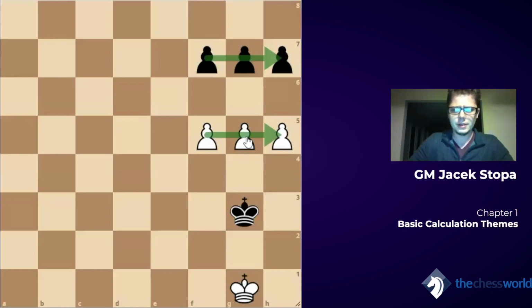So in this example, it's white to start, and basically it's good to have this concept of candidate moves. This is something that I think was originally introduced in Panchenko's book on endgame theory.